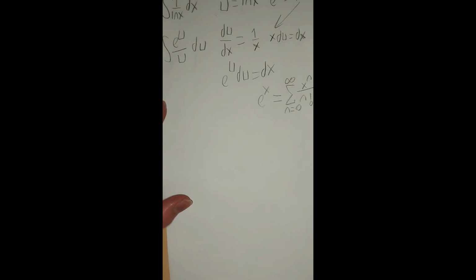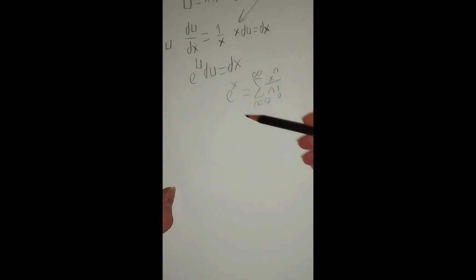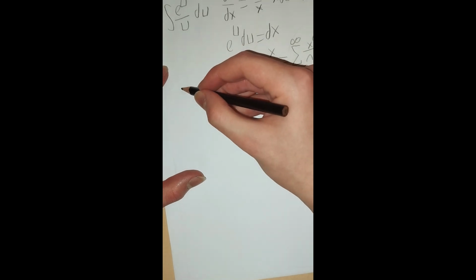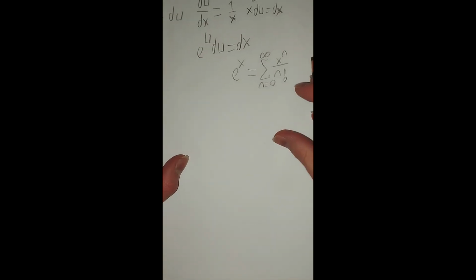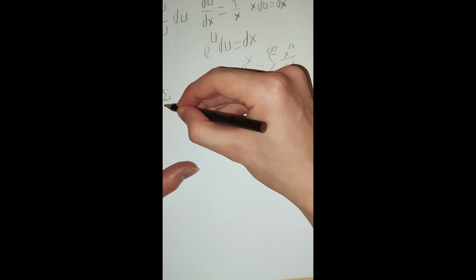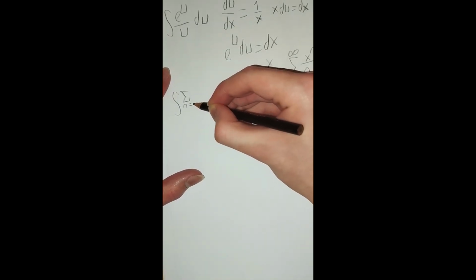Now let's replace our e to the u power with this thing. So we are gonna have the integral of the summation, n equals 0 to infinity.